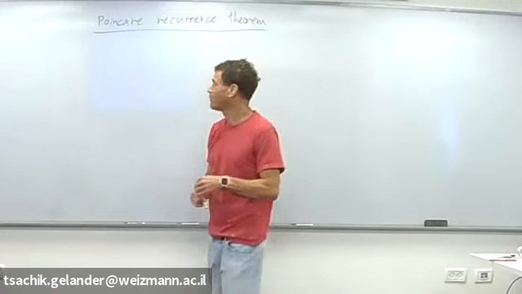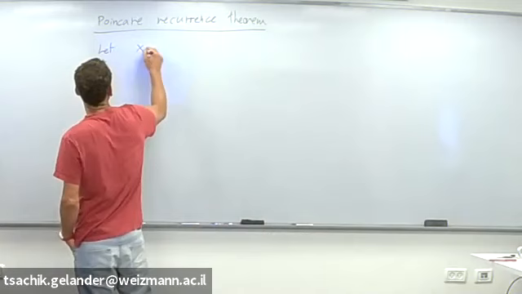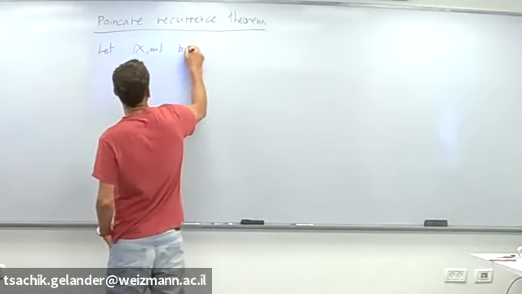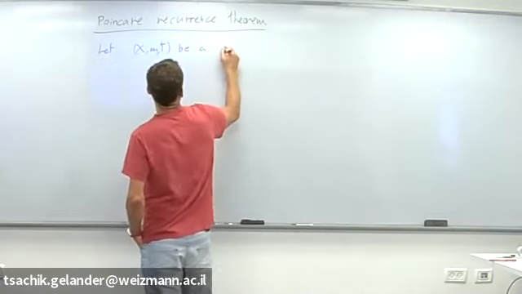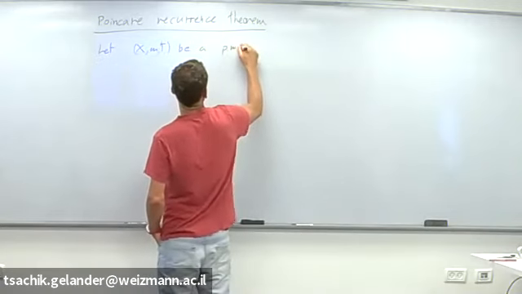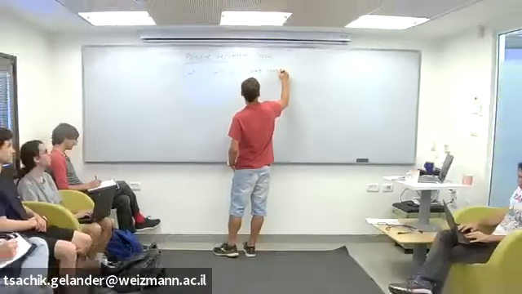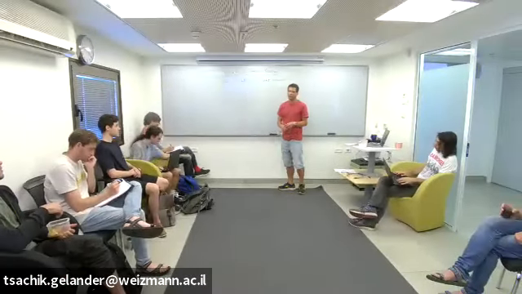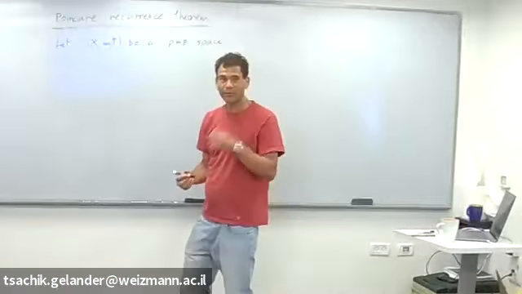statement, but extremely useful. So with the following, let (X, μ, T) be a probability measure preserving system. So it means that T acts on X, preserving the measure μ, and μ is a probability measure.